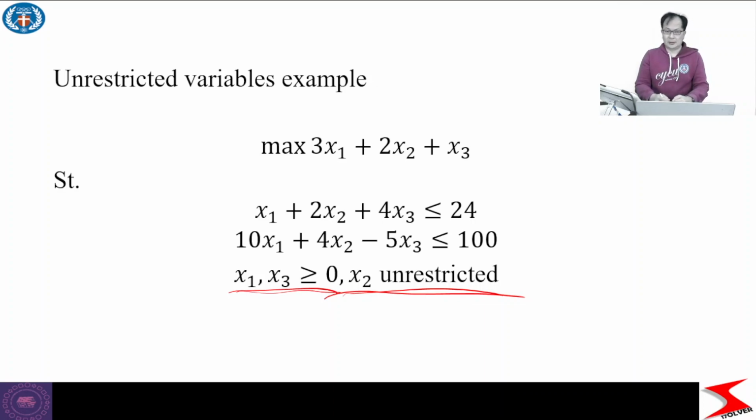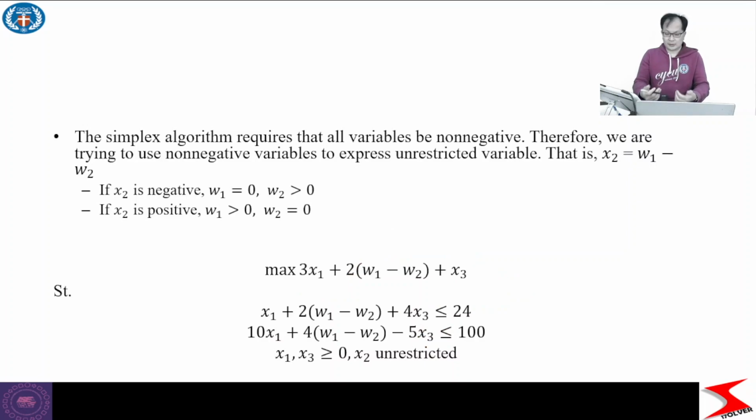So we cannot directly apply the simplex and solve it because x2 might be a negative variable. So what can we do? We try to create new variables instead of using x2. The strategy here is we use w1 and w2, and we set x2 equals w1 minus w2.